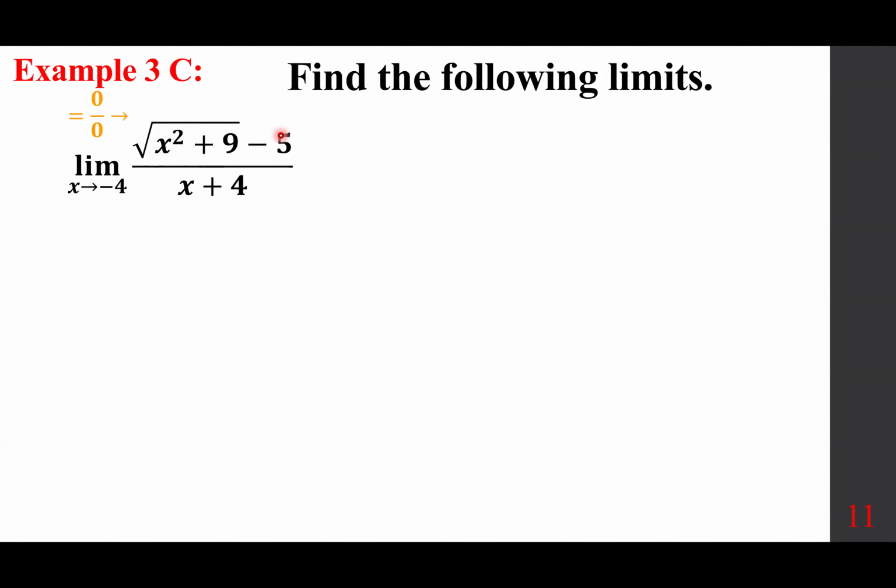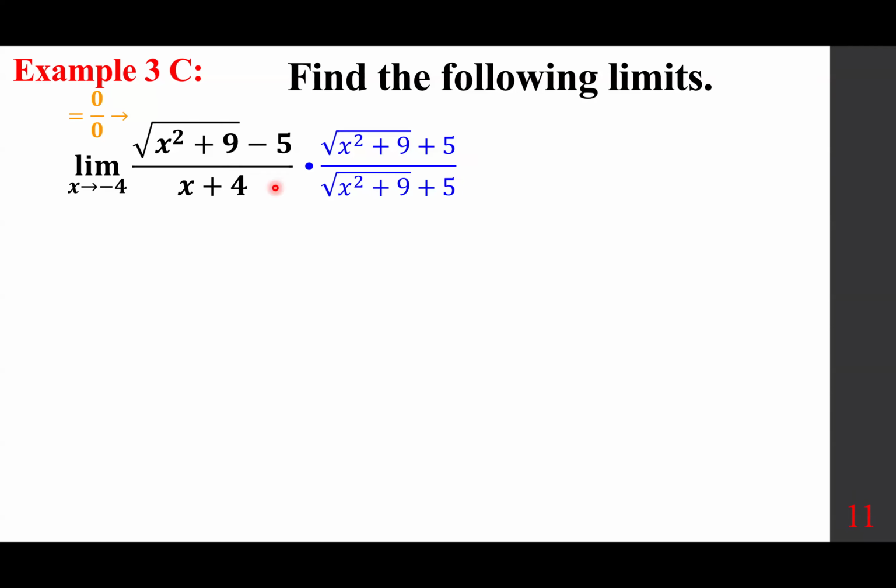And that's an indeterminate form. Because this involves a square root, we multiply by the conjugate. That means we write the same thing, we just change this one to a plus.